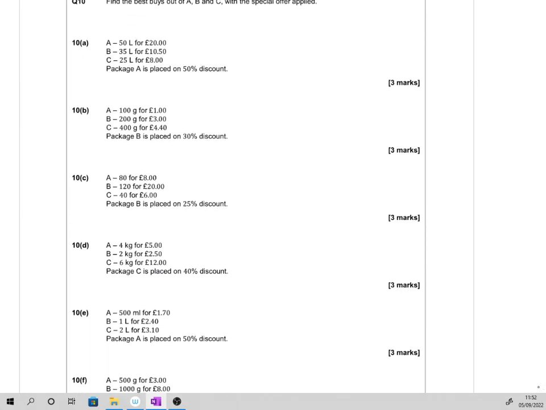Find the best buys out of A, B and C with the special offer applied. Right, package A is on 50%. So 50 litres for £20, 35 for 10.